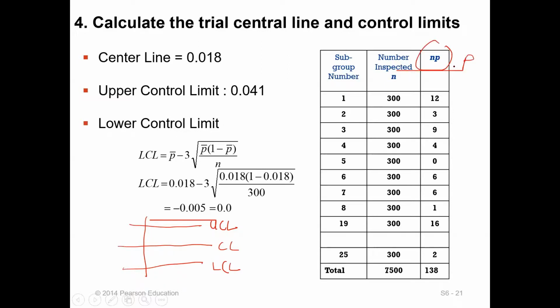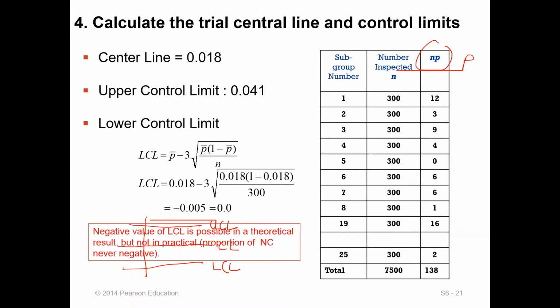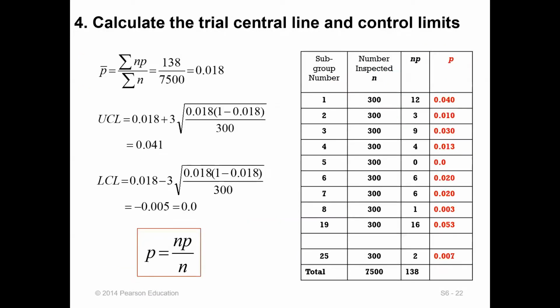Therefore, the next step is you have to calculate the P for every single subgroup. How to calculate the P for every single subgroup is you divide 12 by 300, then you get 0.04. Then 3 divided by 300 gives 0.010.